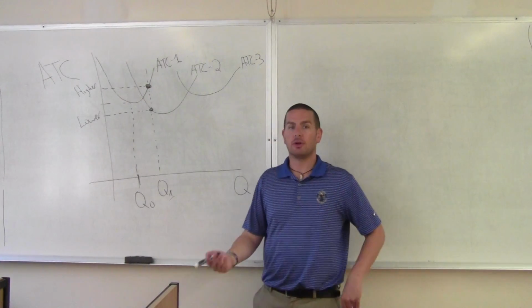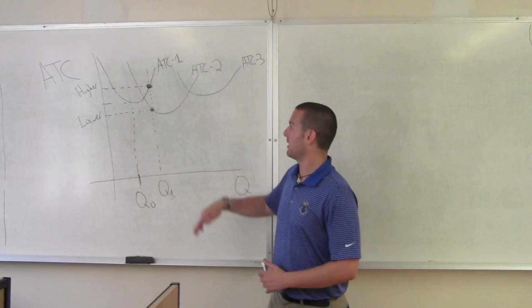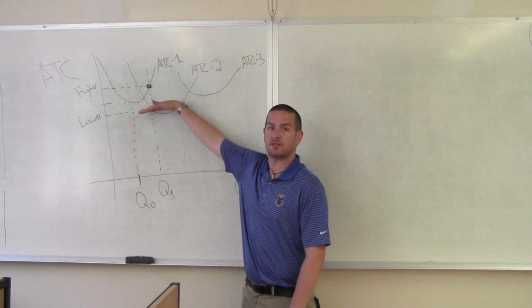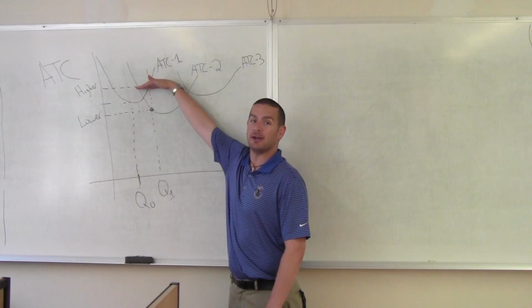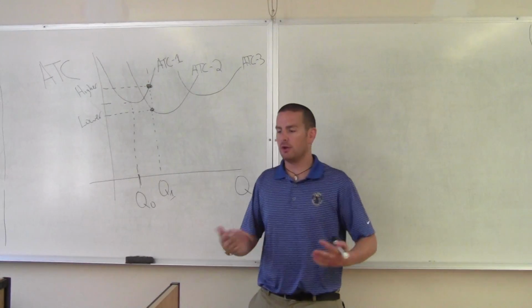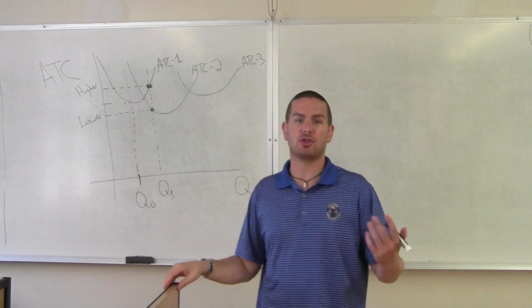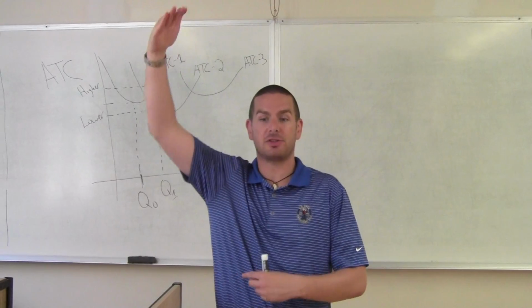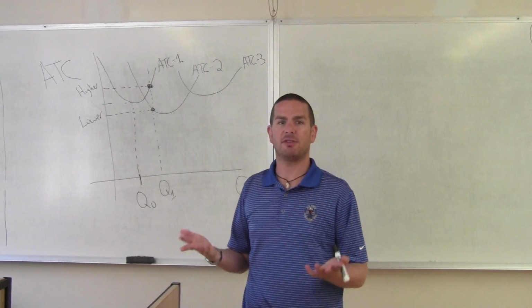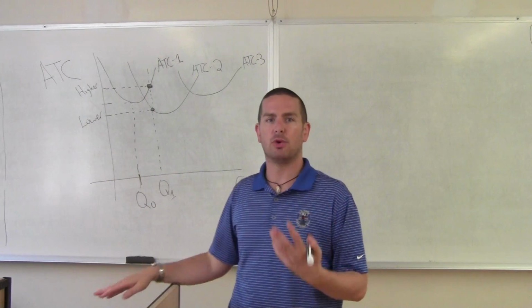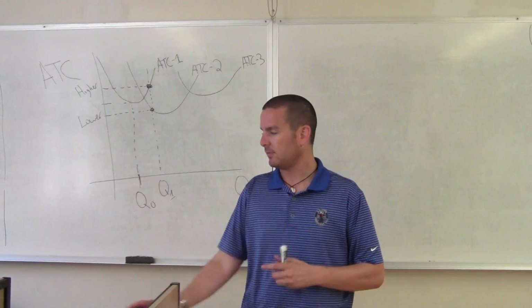So, which one would you rather have? Would you rather have lower average total costs, or higher average total costs? Only a fool would say higher average total costs. You want to have the low costs. That's how you make more profit.